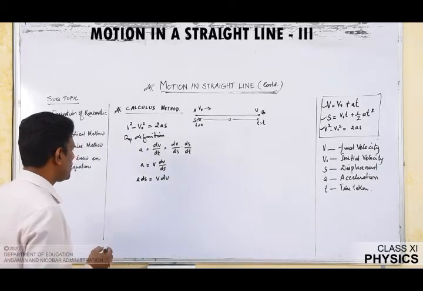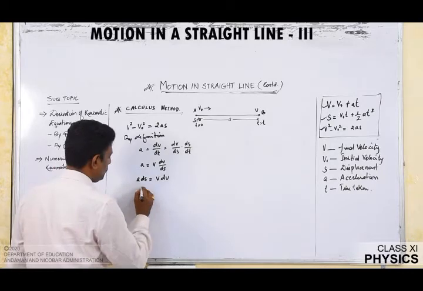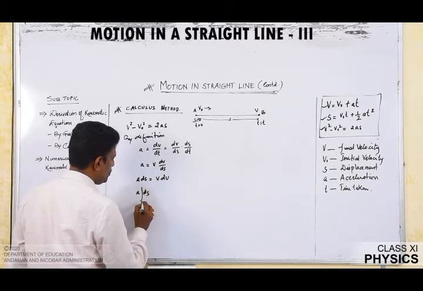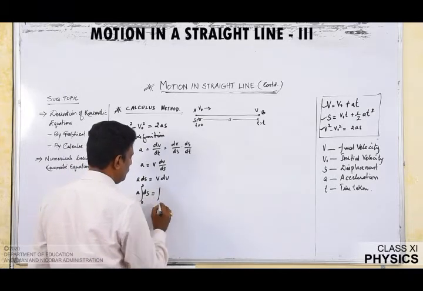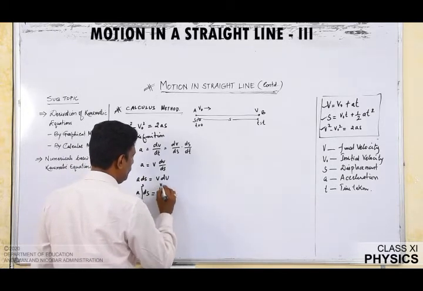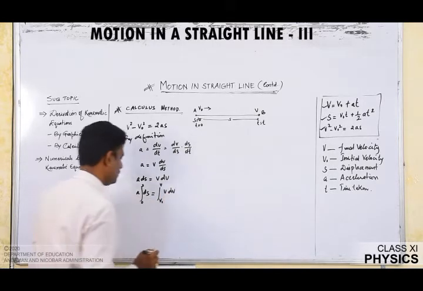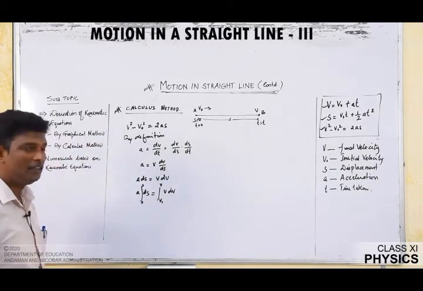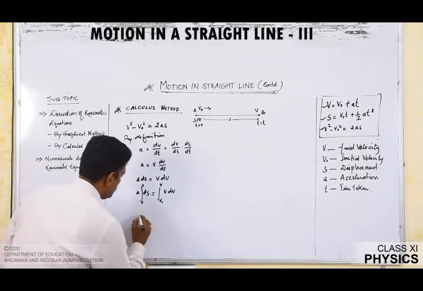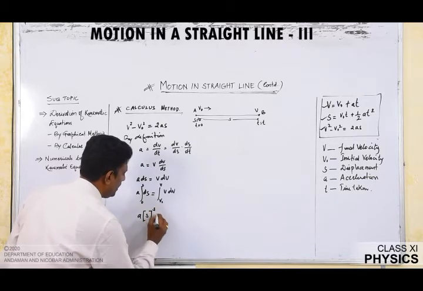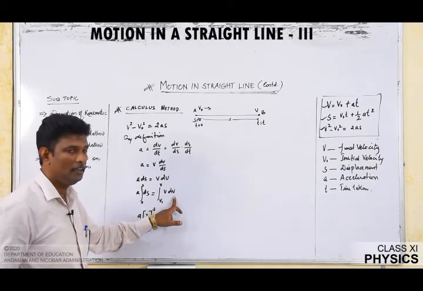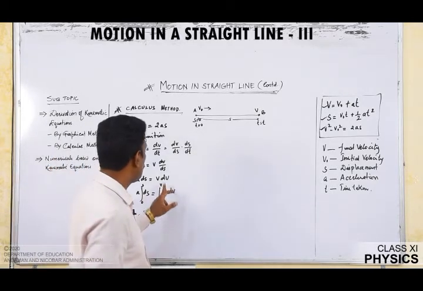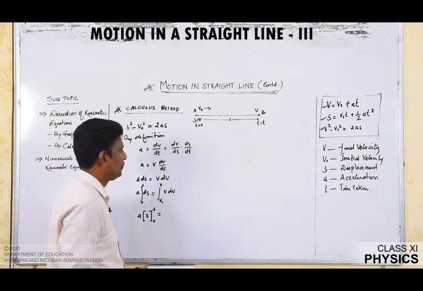Now, integrating both sides, A integral of ds, that is 0 to s, equal to integral of V naught to V, V dV. We know that integration of ds is s. So, A s from 0 to s equal to, again integral of V dV is V to the power 1 plus 1 by 1 plus 1.